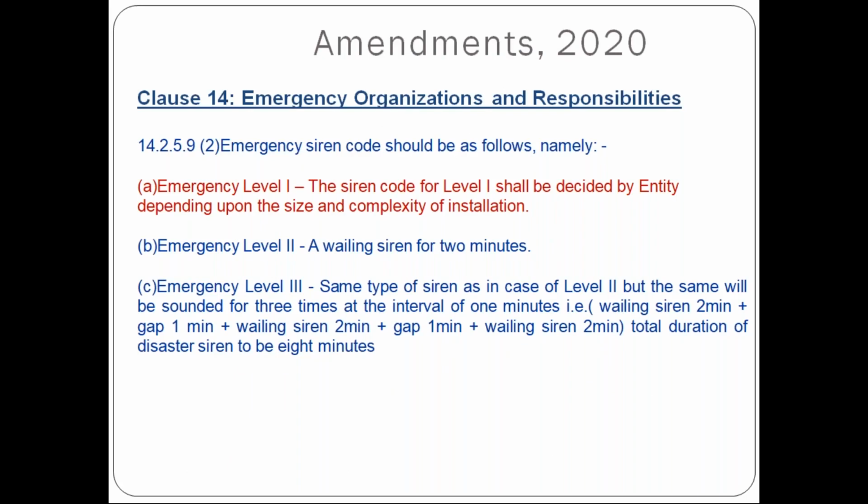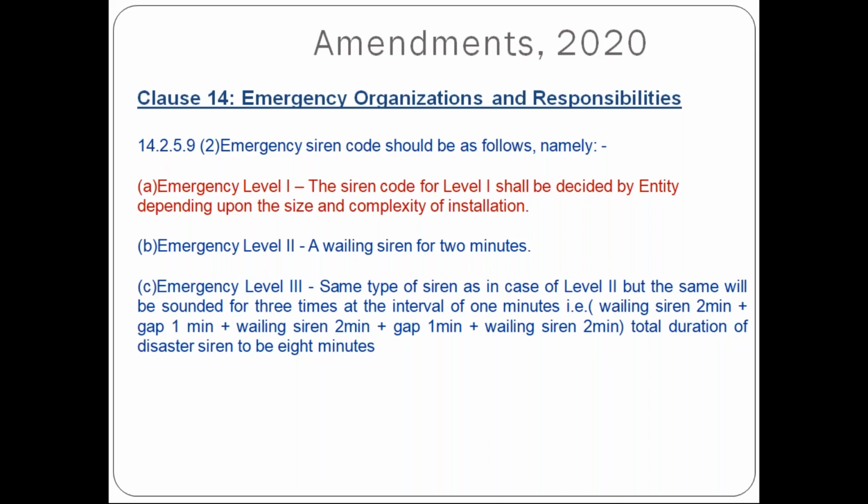This is what we just discussed. Then the siren code is also a very important aspect to decide the level of emergency. The code could be decided by the individual locations, but for level 1 they can decide for themselves what kind of siren tone they want to use to declare a level 1 emergency.